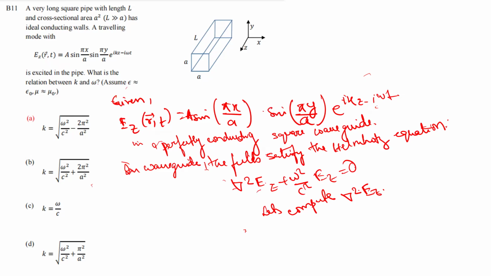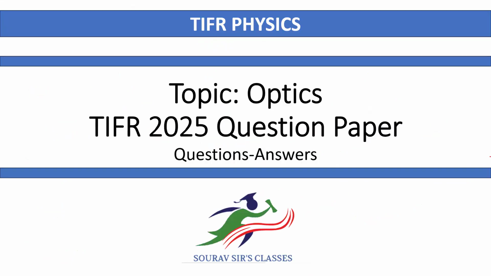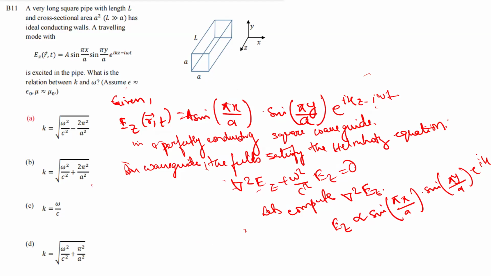Since Ez is dependent on sine pi x by A into sine pi y by A e to the power i kz, sorry, here it is kz.